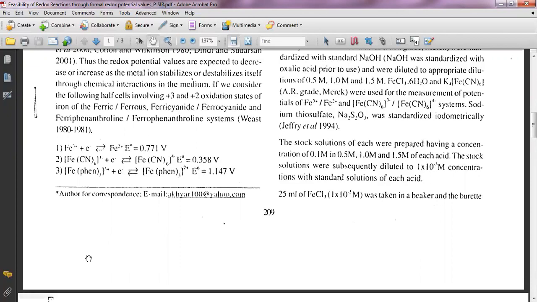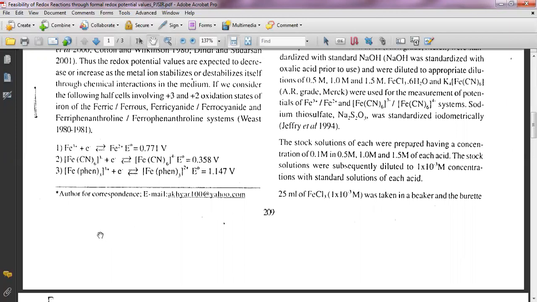So what is the similarity in these three half cells? If you look at the first one, this is iron plus 3 accepting 1 electron and being converted into iron plus 2. So this is the reduction. This is the oxidized form, and this is the reduced form. All these three are the oxidized form of the iron, and all these three are the reduced form of the iron.